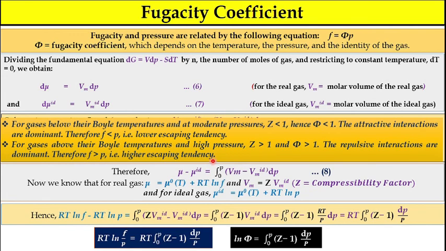Okay, so this is the importance of the fugacity coefficient. From the fugacity coefficient, you can say that f is less than P or f is greater than P. That depends on the fugacity coefficient; the phi value may be less than 1 or greater than 1. And this is the equation of fugacity coefficient with compressibility factor and pressure of the gas. Thank you.